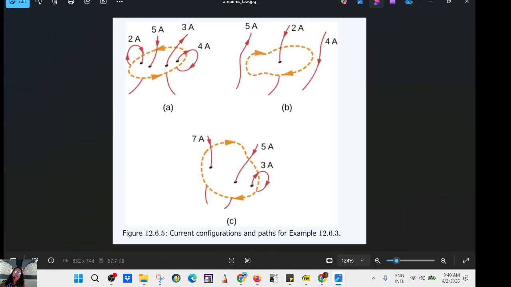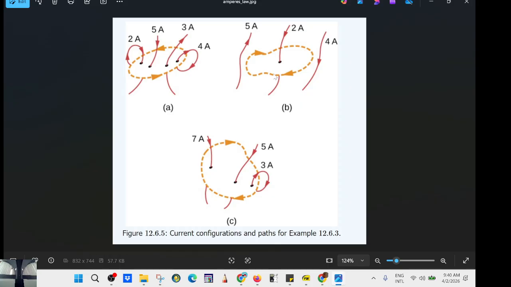So, for example, if I take this one, it goes this way, so it's going to be positive. So I'm going to do mu 0 times 2. I have to do this side, this one here, this way, it's like in perspective.